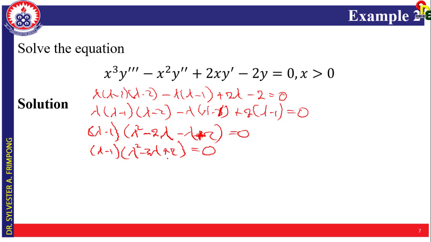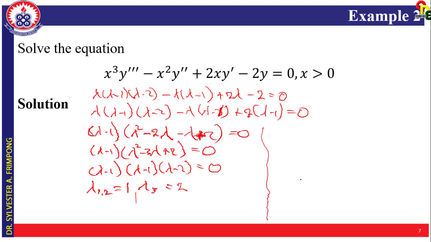This is lambda minus 1 times lambda minus 2. So if you factorize, you have lambda minus 1 times lambda minus 1 times lambda minus 2 equal to 0. I think it's obvious to see that lambda 1 and 2 are both 1, and lambda 3 is 2.